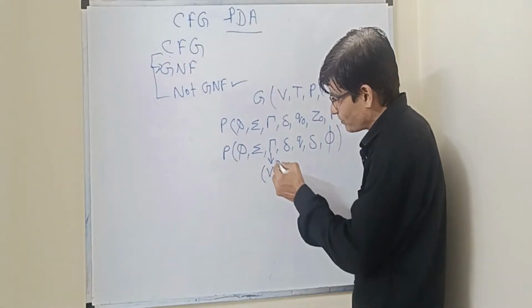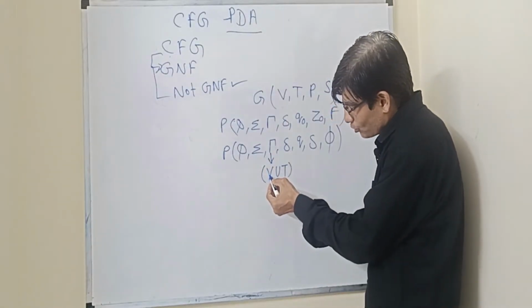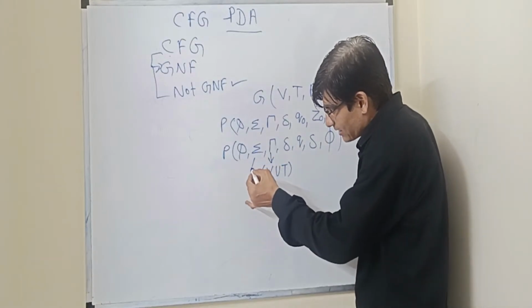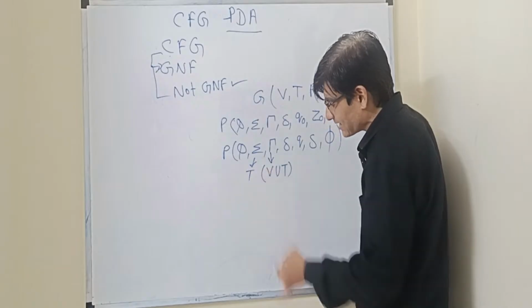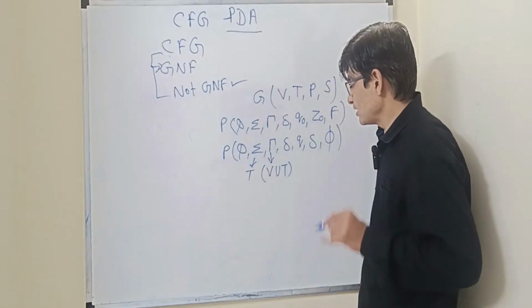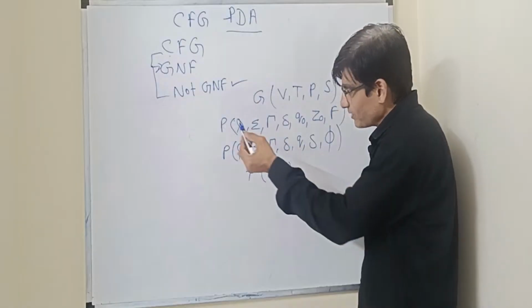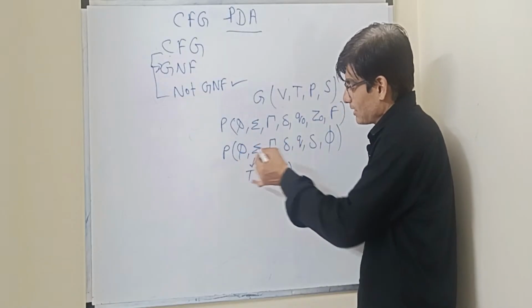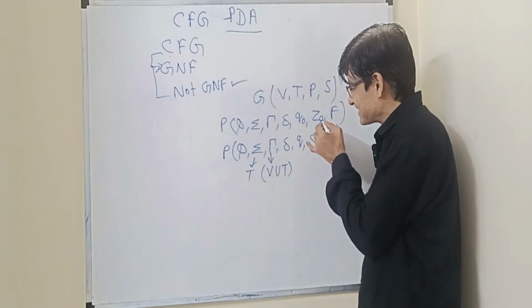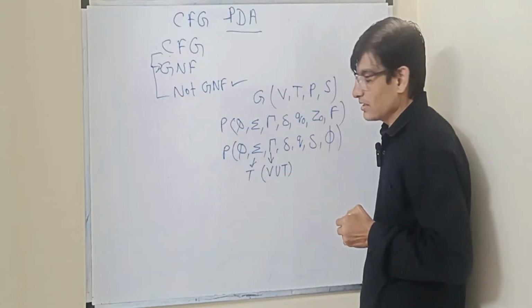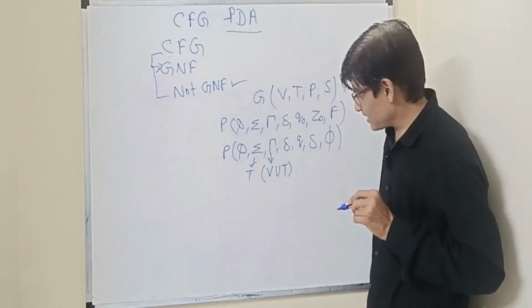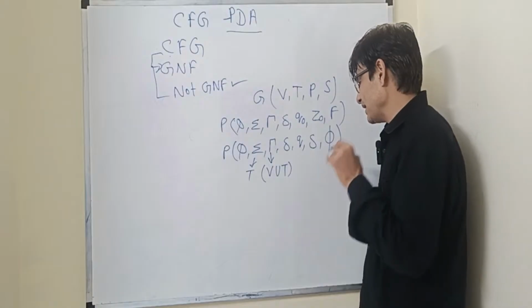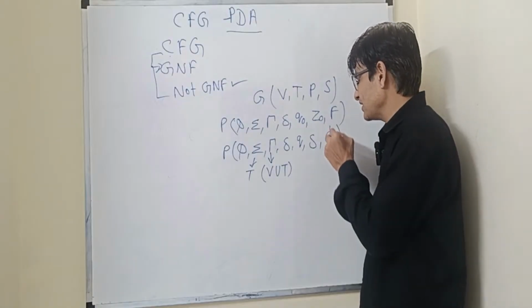And sigma would be mapped to T, the terminals of the grammar. Then delta we will write, and Q is the initial state, and S is the initial stack symbol. As I told you, we are accepting strings by empty stack, so the set of final states would be phi in this case.